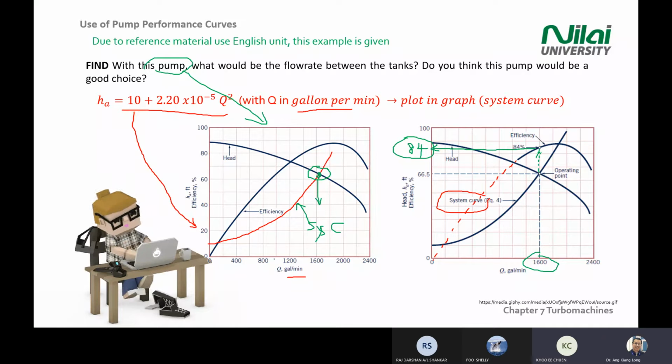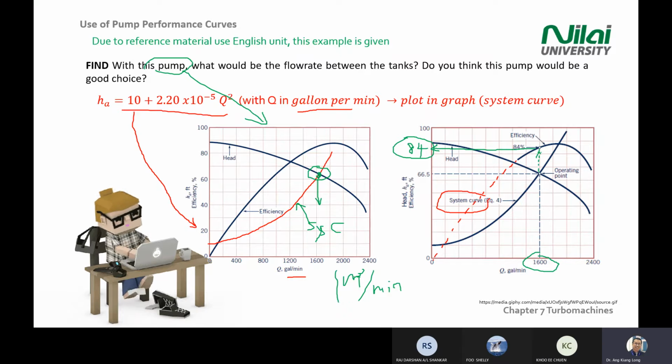You project down this one, what you get? 1,600. What is this parameter? Gallon per minute, or meter cube per minute, is what? It's like you communicate with the technician. You won't tell your technician in meter cube over minute, right? So what is the name for this one?